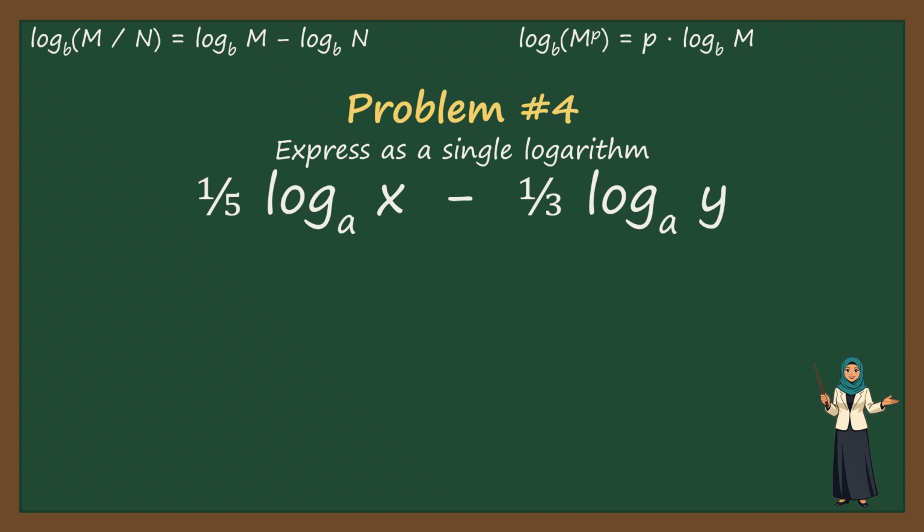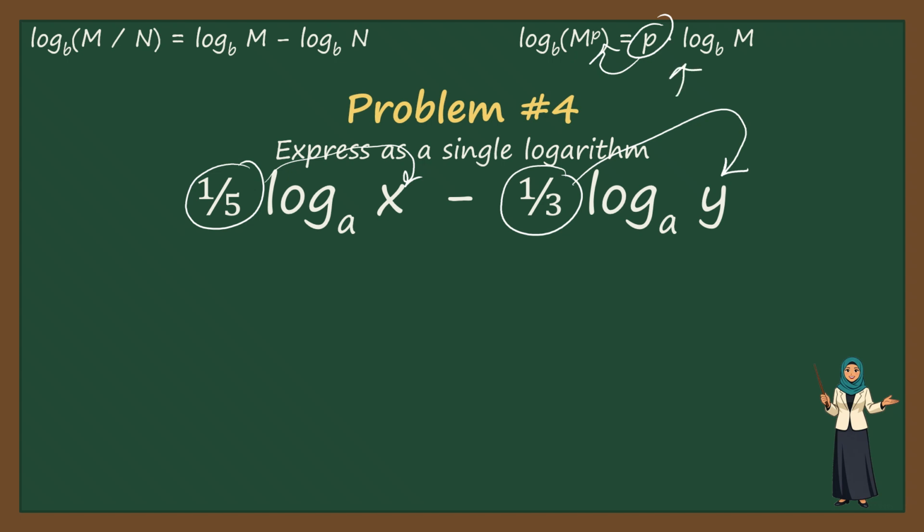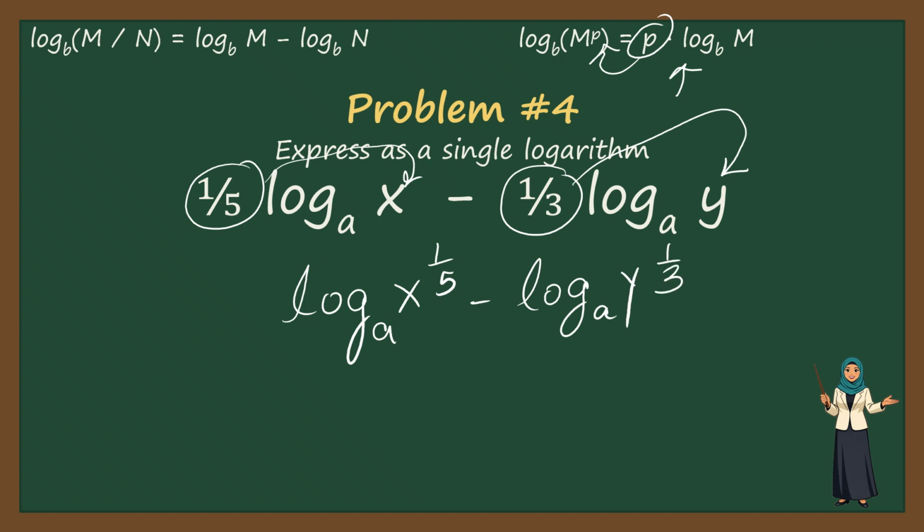So p is 1/5 and 1/3, which has to become our exponent. So we're going to move this here, and we're going to move this here. And that's what we're going to do first. So I'm going to rewrite this as log base a of x to the 1/5 minus log base a of y to the 1/3.